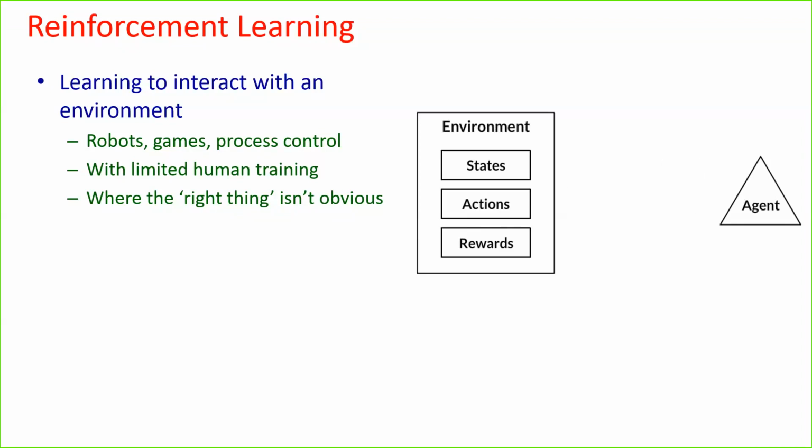Environment can be anything, and the agent takes an action based on the current state of the environment. As a result, it receives a reward, and the state of the environment also changes. The goal of the agent is to maximize this reward and minimize the punishment.